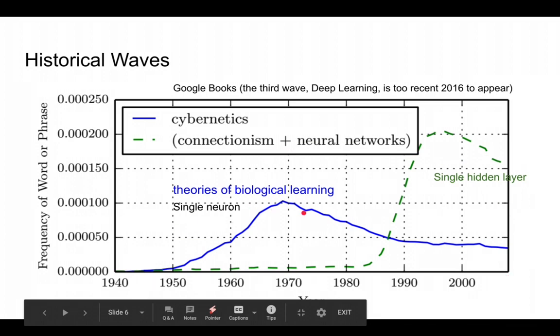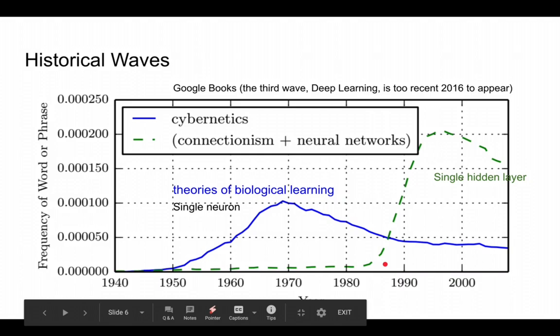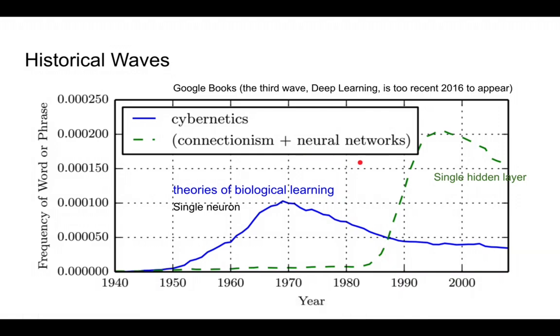The first wave can be categorized using the keyword cybernetics. It's the development of theories of biological learning. People introduced the single neuron to describe the brain neuron activities. In the 1980s, the development of connectionism applied on neural networks with a single hidden layer calculation capability.